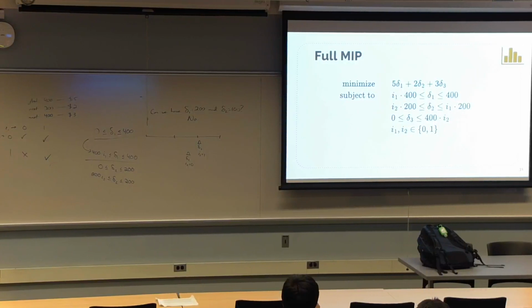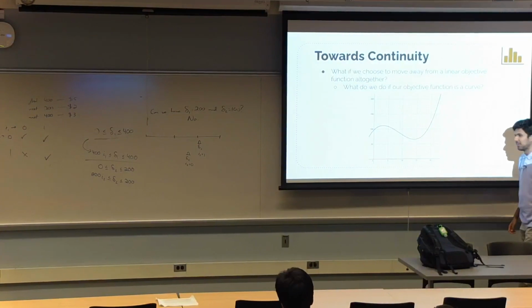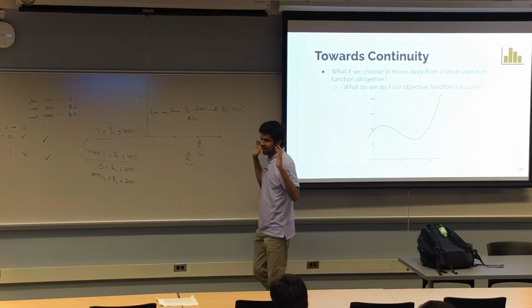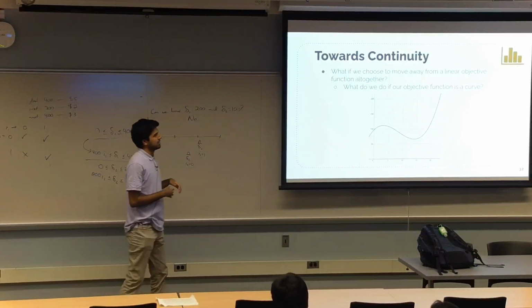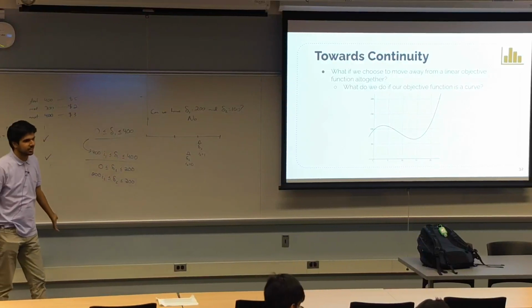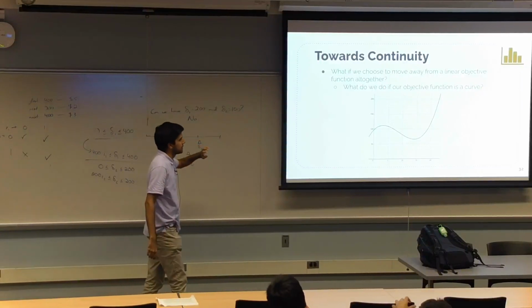But it's pretty cool. And my question was, what if we just go all the way? What if my objective function is not always going to be linear, and not always going to be piecewise linear? Sometimes it's just going to be some sort of arbitrary curve.